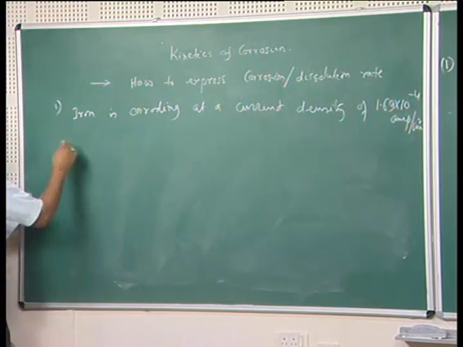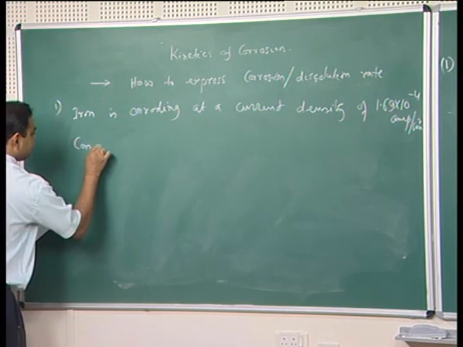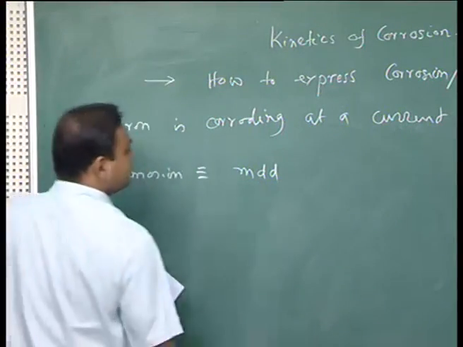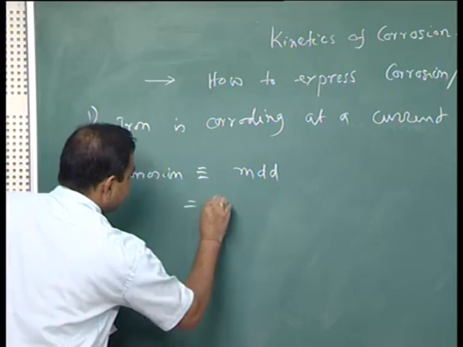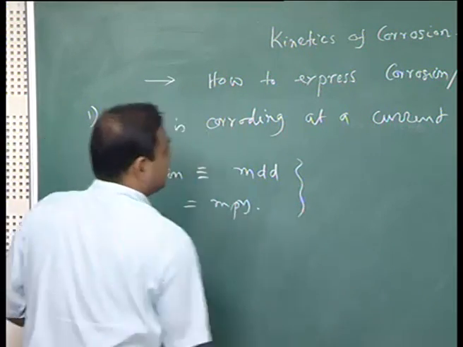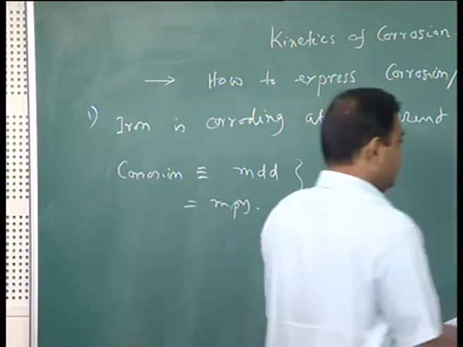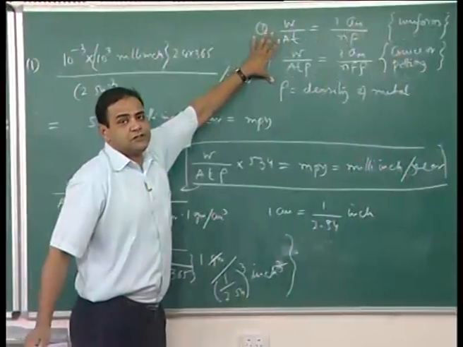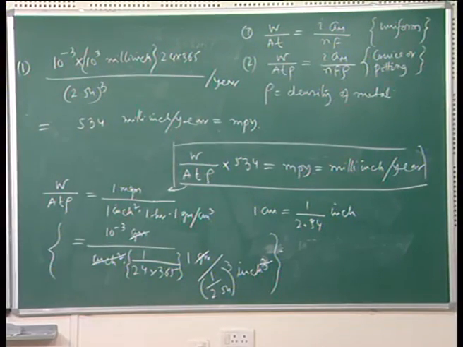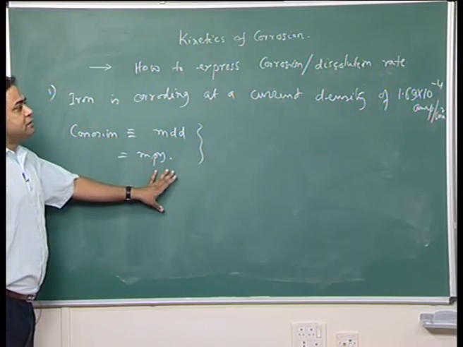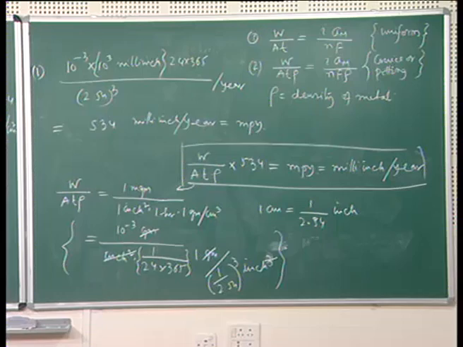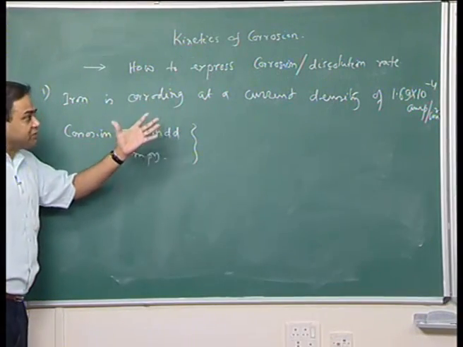So, what would be the corrosion rate in the form of MDD and in the form of MPY? These two things we have to find out. Now, we know these two relations. These two relations will give me the corrosion rate in the form of MDD and MPY, because we know the relation between current density and weight loss per unit time, per unit area.